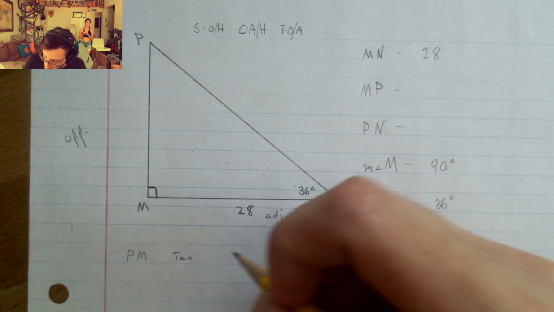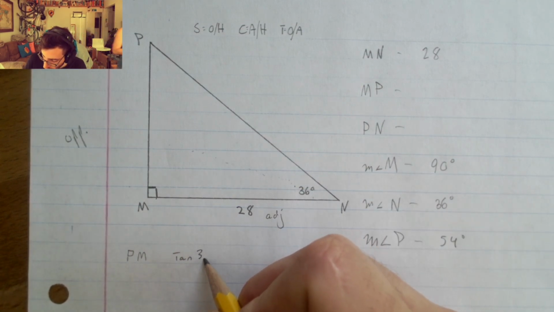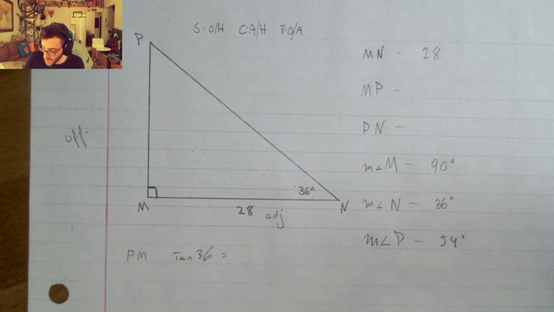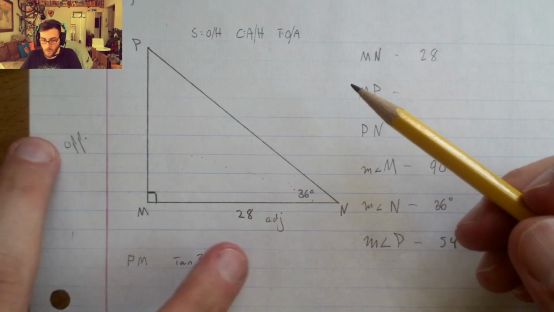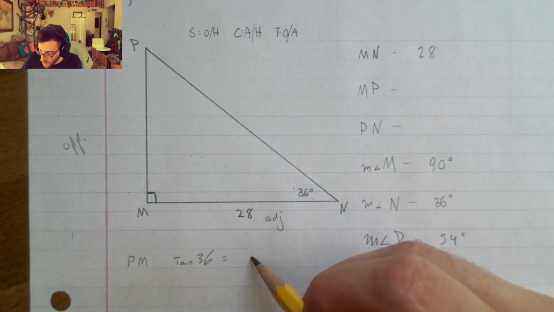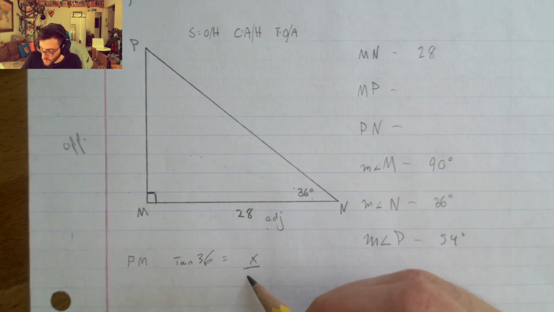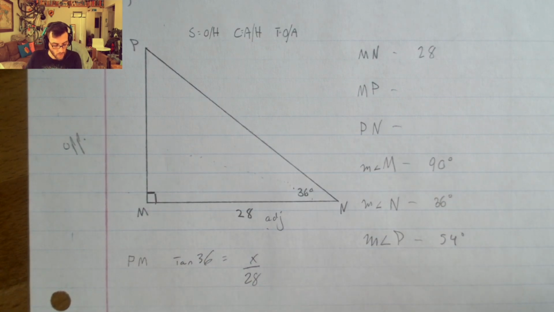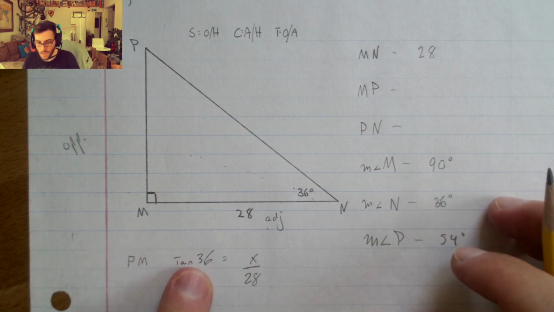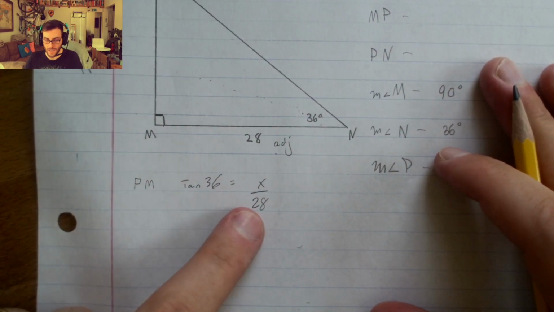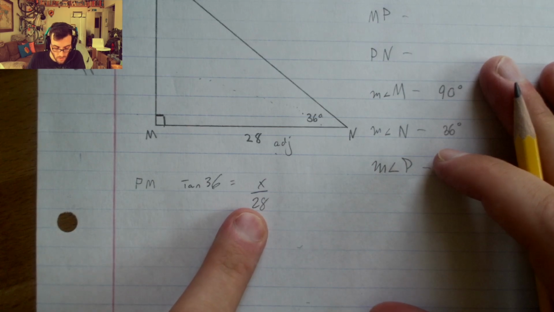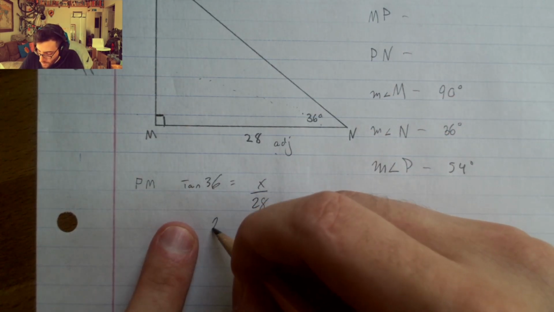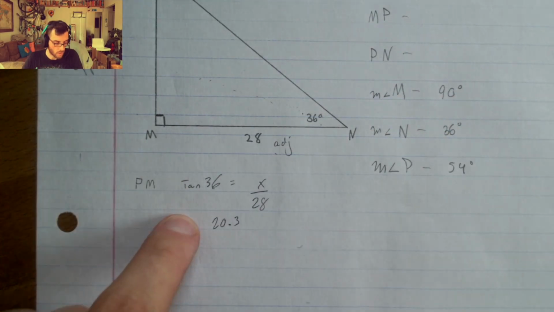So we can say that tan 36 is equal to opposite over adjacent, our unknown opposite over our adjacent of 28. We go in our calculator and start to cross multiply. Tan 36 times 28 gives us a value of 20.3.